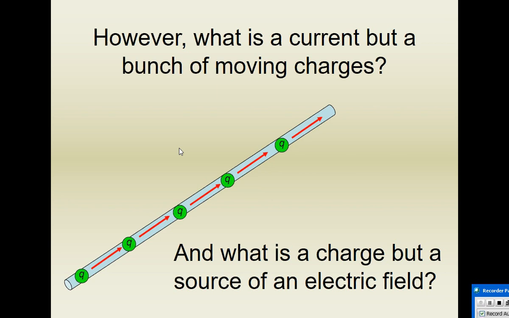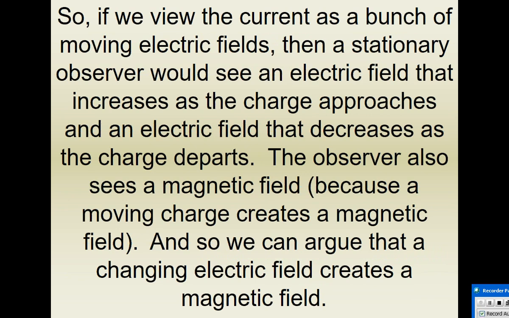So let's imagine that we had a single moving electric charge. So we're standing off someplace, and we have our handy-dandy electric field detector, and this single charge approaches us and passes by us. And our handy-dandy electric field detector is always going to be registering a changing electric field.